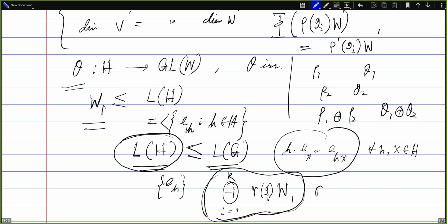So try to understand the proof. First, we have used that theta is contained as a subrepresentation of LH, and let W1 be the space of the subrepresentation.